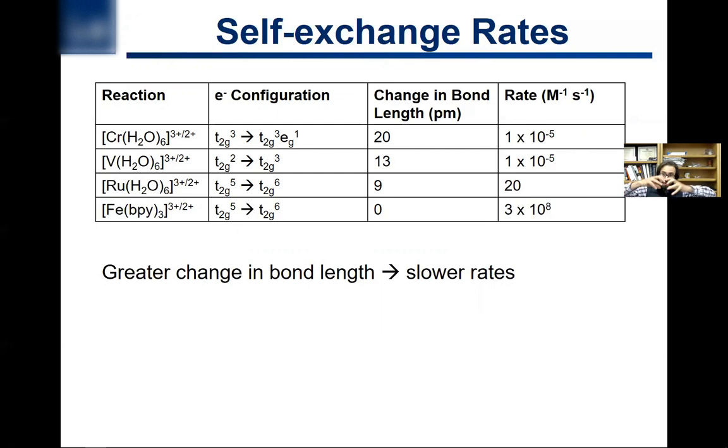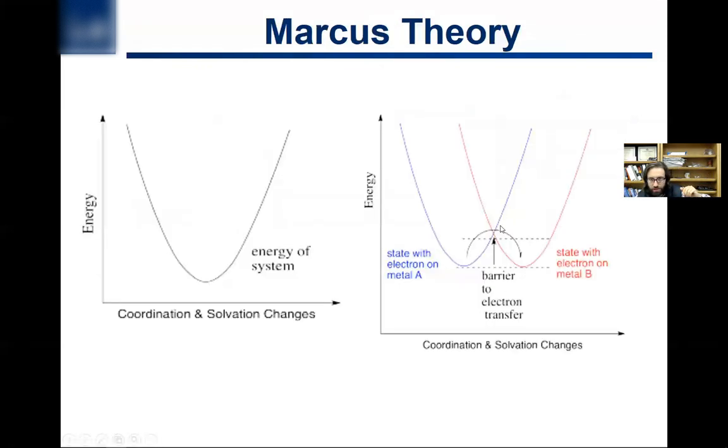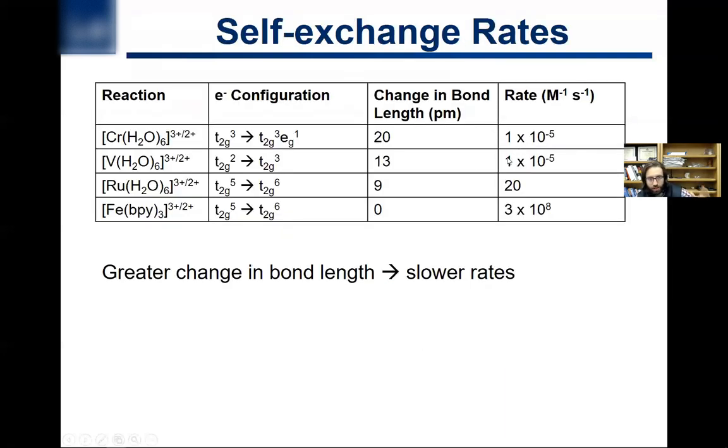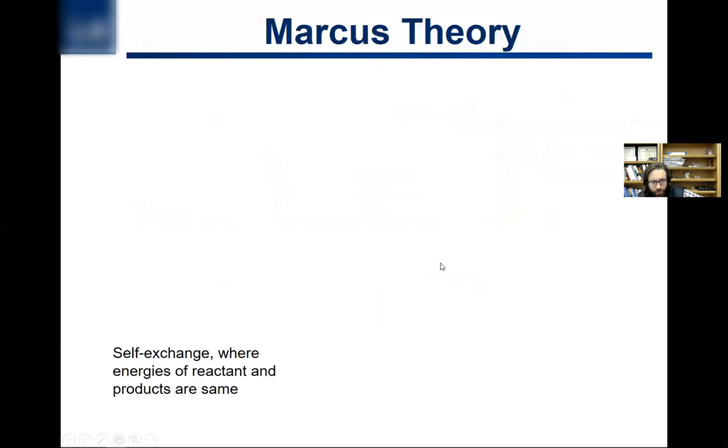So that means the atoms have to move around a lot, okay, in order for electron transfer to occur. So this barrier is relatively high, and hence you have a slow rate, okay? And you can see for this iron bipy complex, there's basically no measurable change in the bond length, and so it just blazes on through because you don't have to do much reorganization for electron transfer to occur.